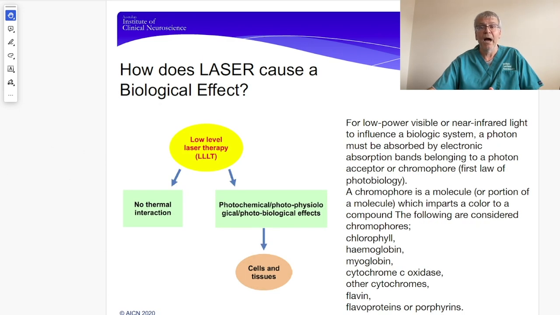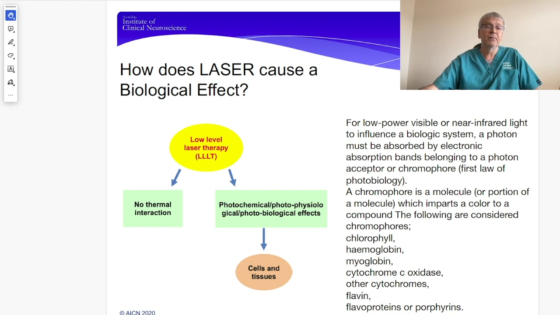Now, how does the laser actually work? How does it cause a biological effect? Why would shining light on my skin change the way the chemistry works in different cells in the body? Or shining it on my head, how does that change the way the neurons work inside the brain?